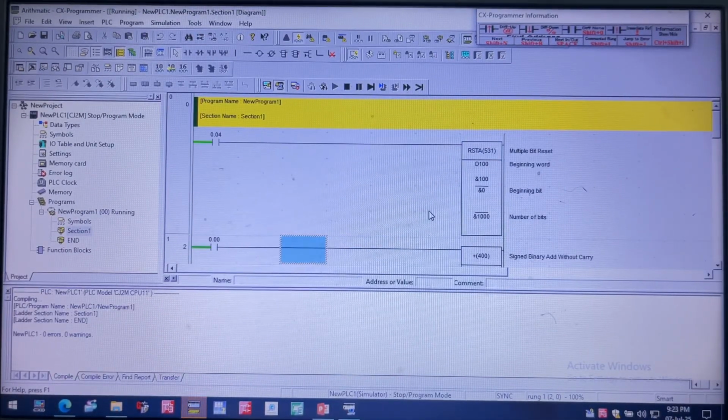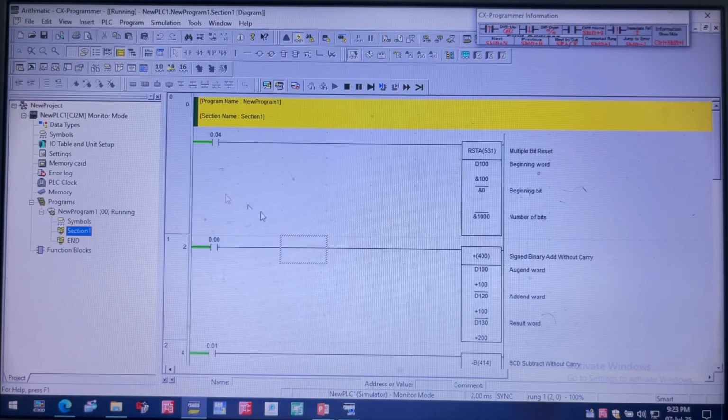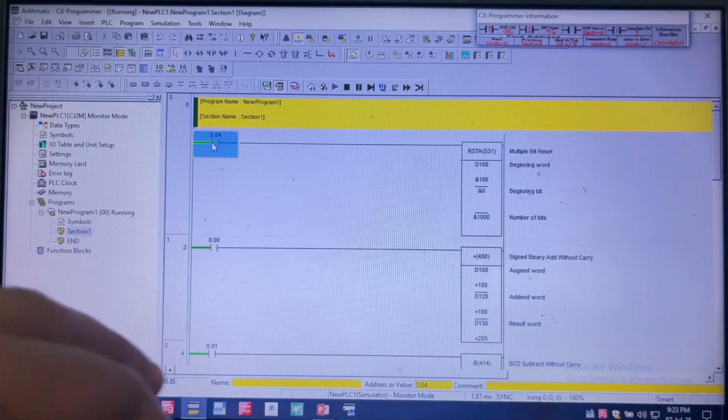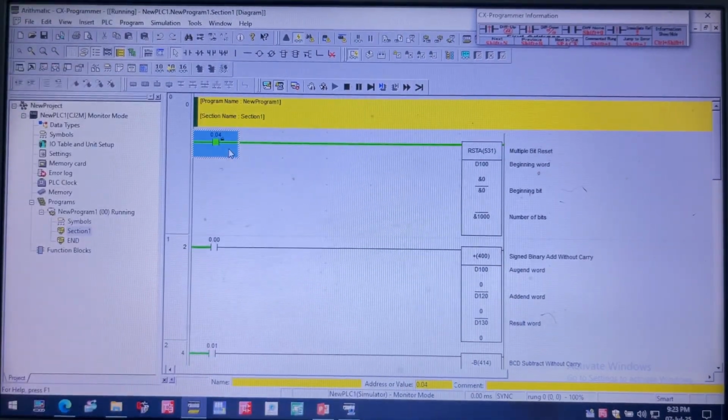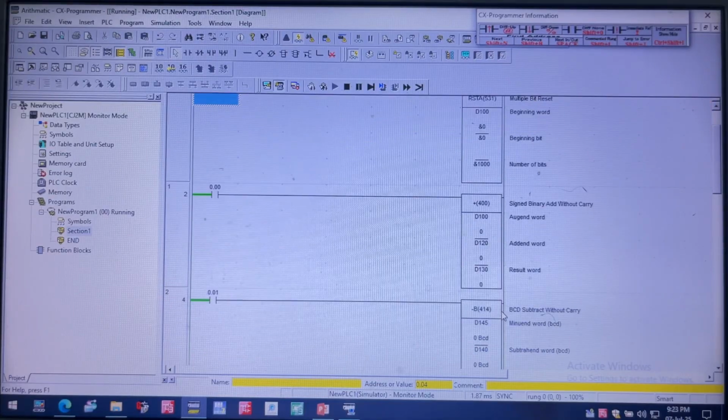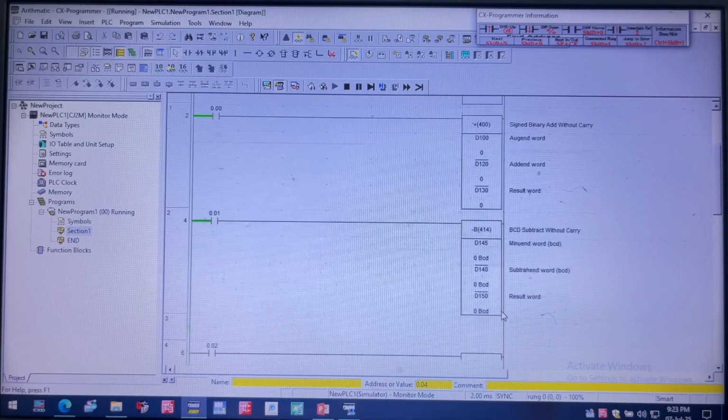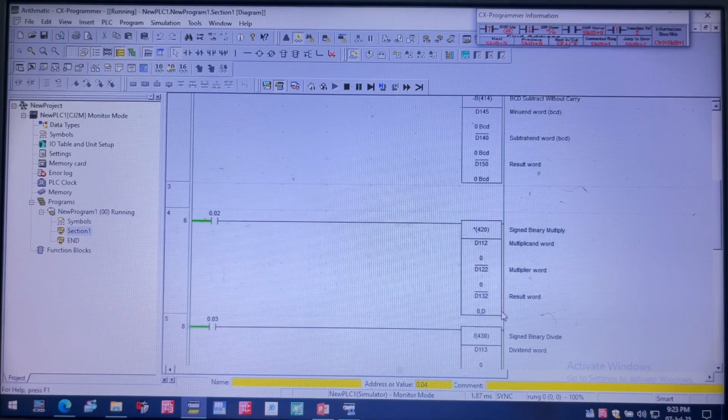The simulation continues. Now check the first data: D100 is 103 and D120 is 101. So first reset all the memory. Now all the data is 0.